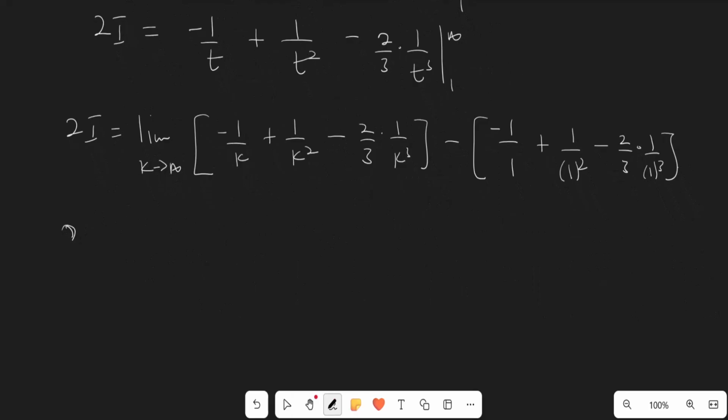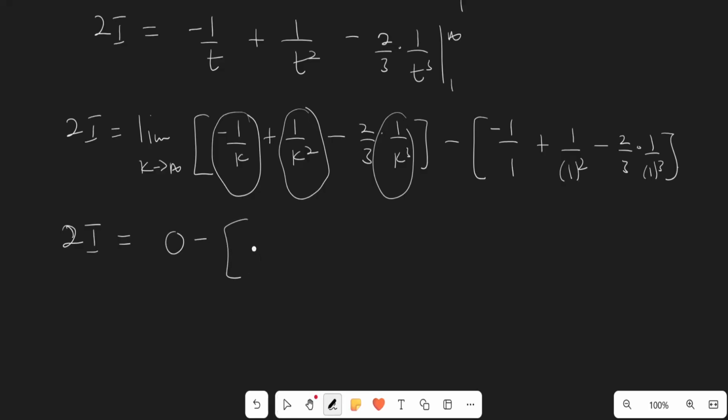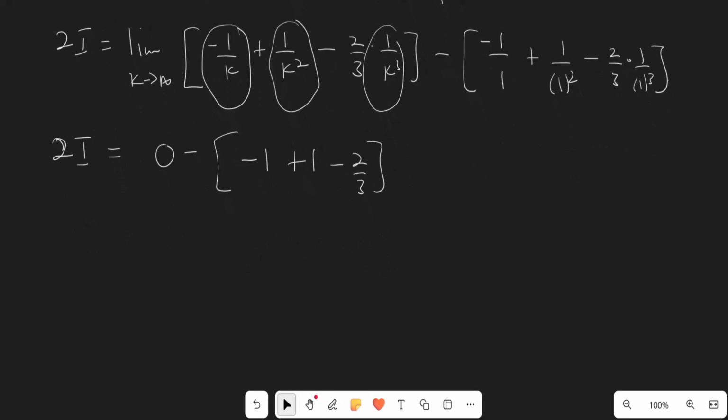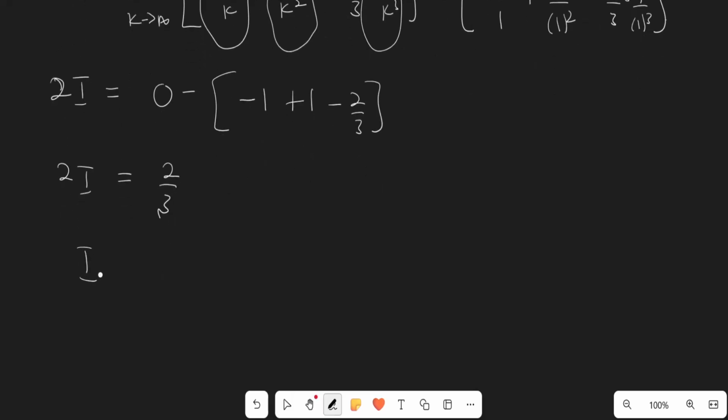This one approaches 0 as k approaches infinity, the same as this and the same as this. So everything approaches 0 for the upper limit, which is 0 minus, this is negative 1 plus 1 minus 2 over 3. So in the end, 2I is going to be equal to 0 minus negative 2 over 3, which is positive 2 over 3. So in the end, our integral reduces to 1 over 3.